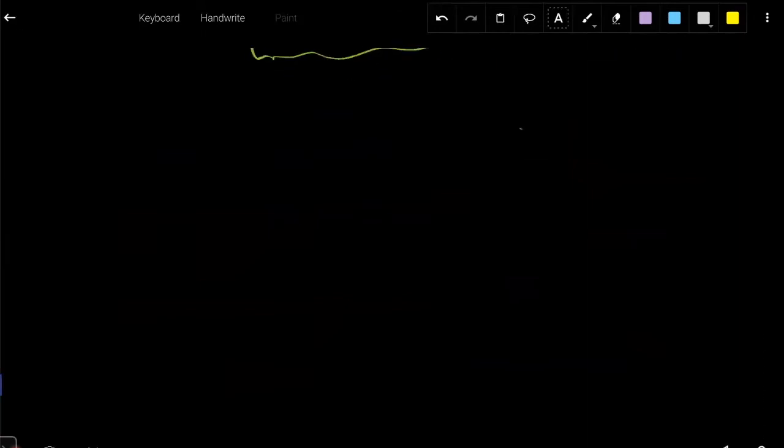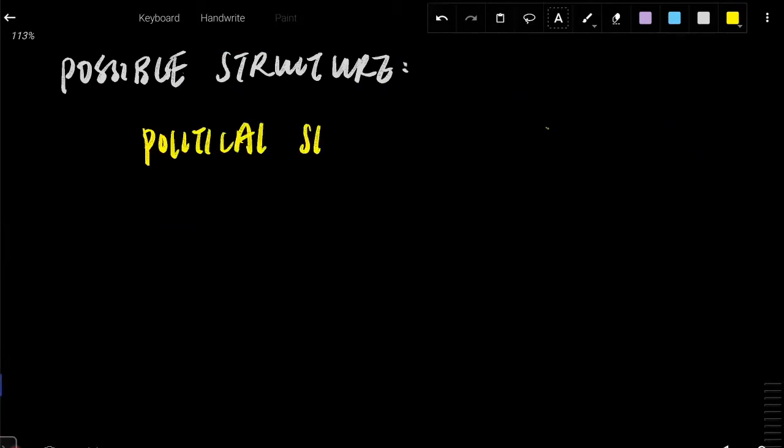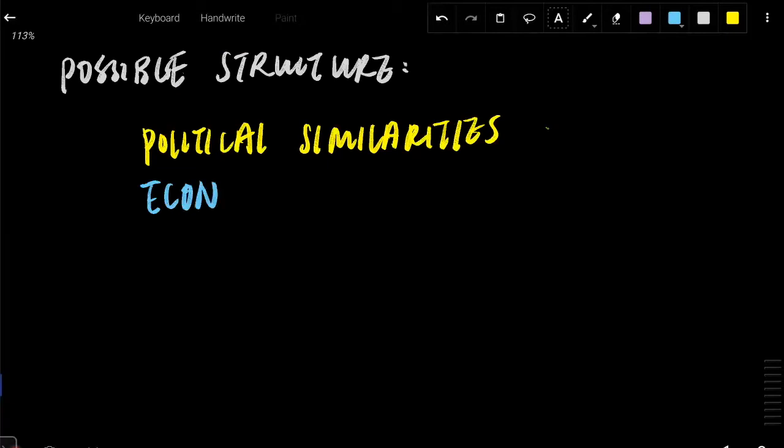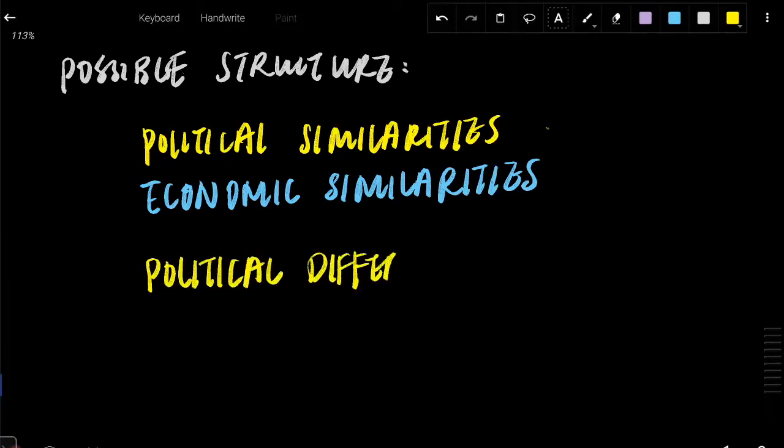There are several ways to structure your essays for compare and contrast questions. The first option you have for comparison is to first write about similarities in different aspects. For example, economic similarities and political similarities together, and then political differences and economic differences together.